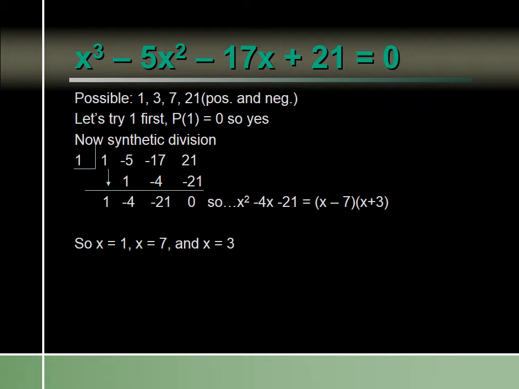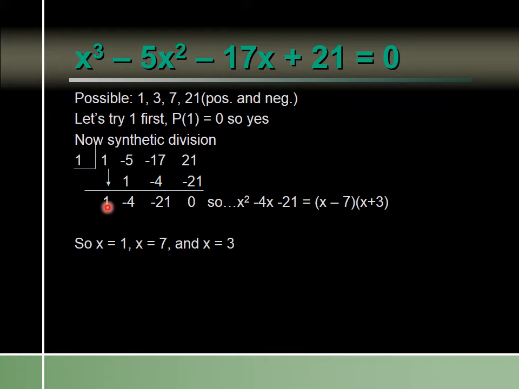Oh, we have a 0 remainder, which is what we were supposed to have because we already decided that 1 was an a value. So you should get 0 as a remainder, okay? Now we have a new equation to look at because we started with x cubed and when divided, we end up with x squared.